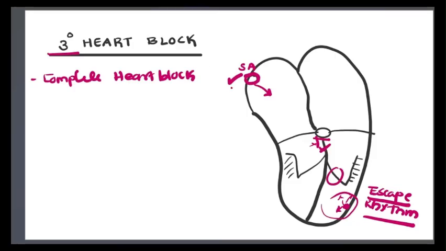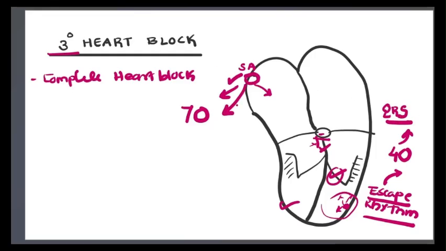Definitely the SA node is the one that beats faster. So the atrial rate could be, let's say, 70, but the escape rhythm, that is the impulse generated by a structure below the AV node, could be from the His bundle or from the ventricle, and it's definitely going to be lesser than the SA node. So the ventricle may beat at a rate of 40, but the ventricular rate is always regular. So the QRS will happen at a regular interval. Similarly, the SA node will beat at a regular interval.